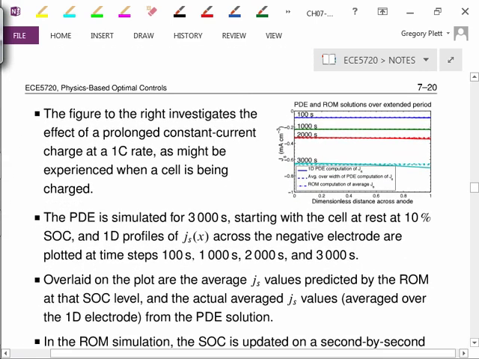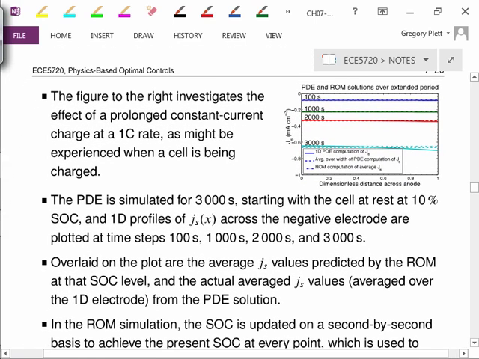You could say, well, when I'm charging a battery cell, I'm not charging it from equilibrium and doing a short pulse. I'm actually charging over a very long period of time, like maybe an hour or so. And in this plot, we look at the PDE result of the side reaction flux plotted versus the dimensionless distance across the anode.